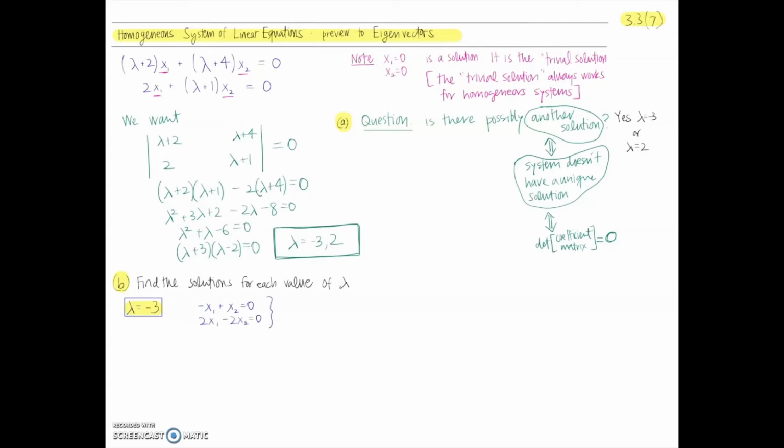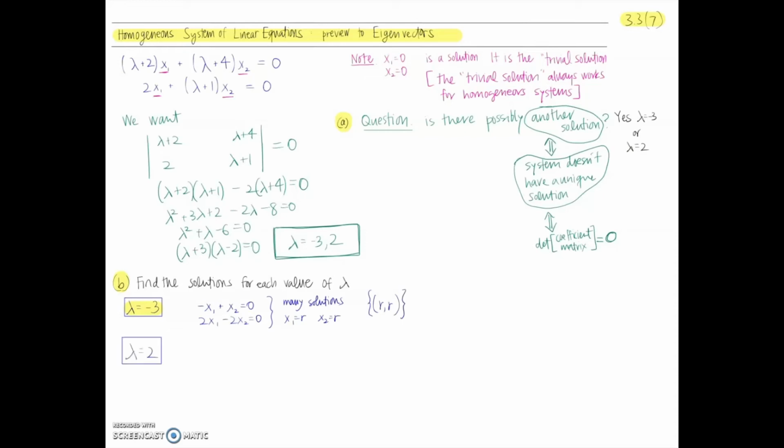This system has many solutions, and they're all of the form x1 equals r, then x2 would equal r also. So they're all of the form (r, r), where r is any real number.